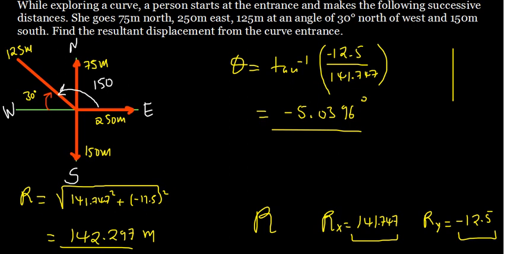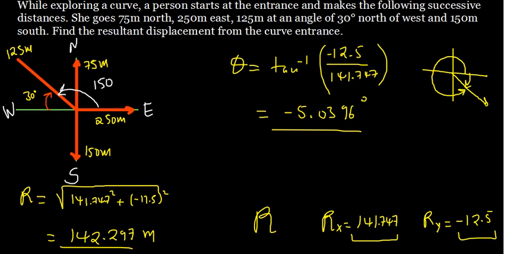Again, since one of the components was negative, we need to see in which quadrant this is. The x value is positive but the y value is negative, meaning the resultant vector is in this quadrant. So the angle that you found is actually this one. The negative sign has come in because you are going in the clockwise direction. Angles are measured in the anti-clockwise direction. So how do you find the angle you want? It is the angle from here up to where the vector is.